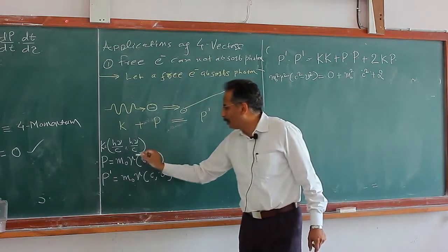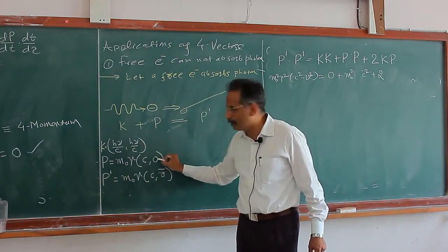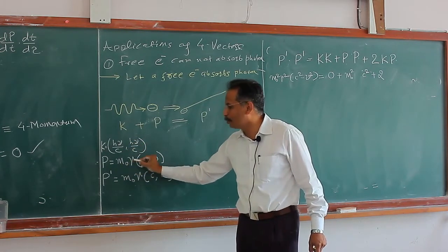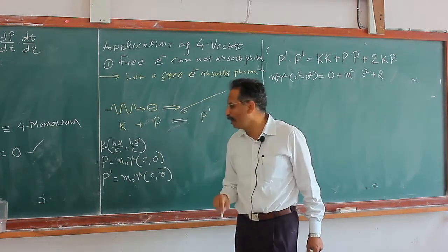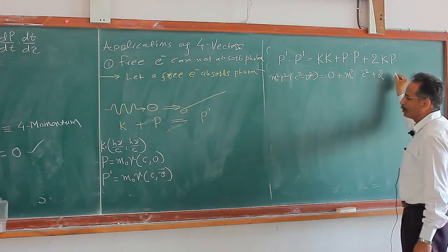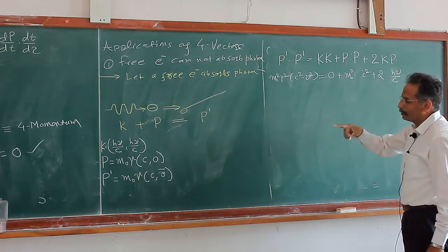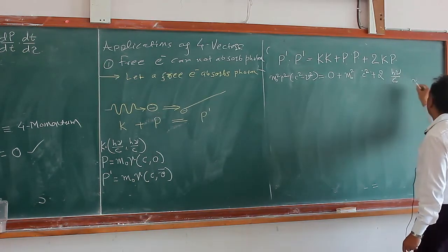So the second component is being multiplied with 0, so that is vanishing. So h nu by c multiplied by m0 gamma. This gamma is 1. So m0 c, 2 times h nu by c multiplied by m0 c.